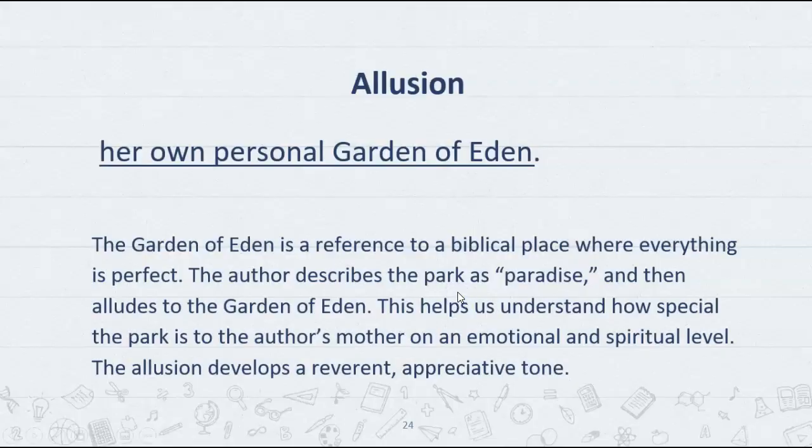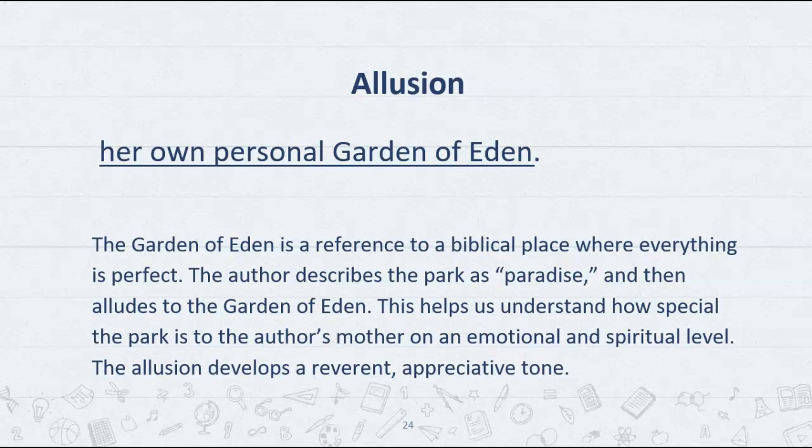So we have first, right off the bat, the author using an allusion. She says the Garden of Eden is her own personal Garden of Eden. And the Garden of Eden is a reference to a biblical place where everything is perfect.